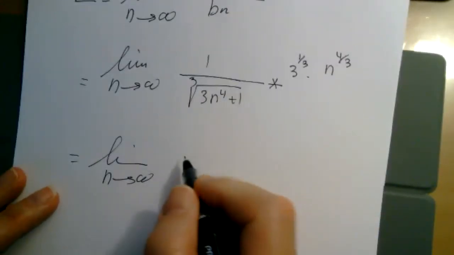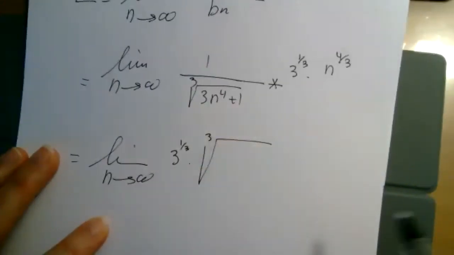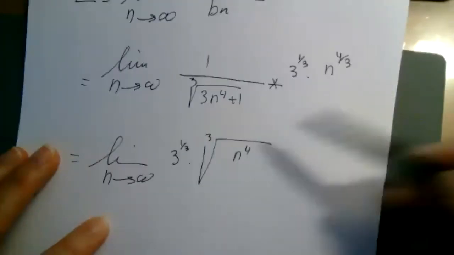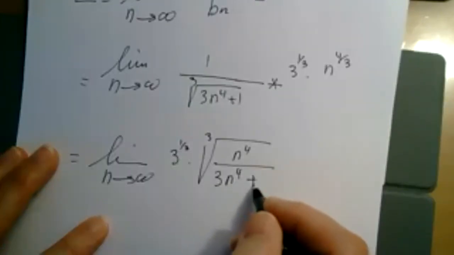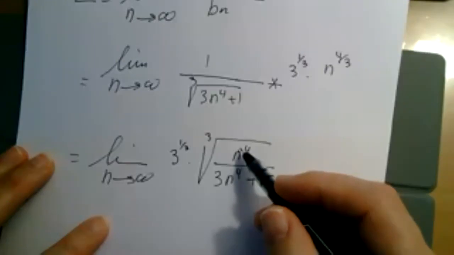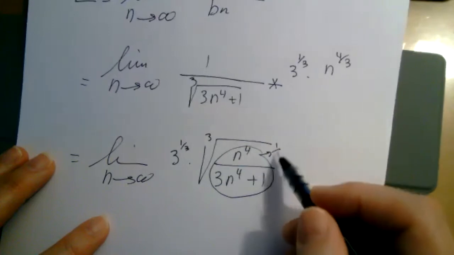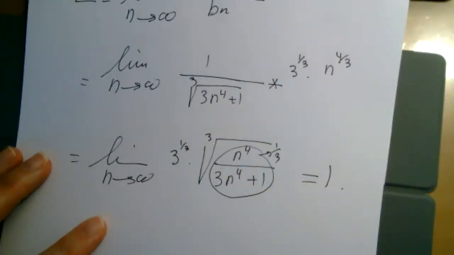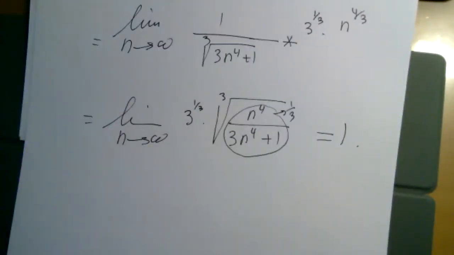So basically, I'm going to have the cubic root of 3 times the cubic root of n to the 4, divided by the cubic root of 3n to the 4 plus 1. Now we know that this one, the inside, is going to go to 1/3. I multiply it by this, I get 1.